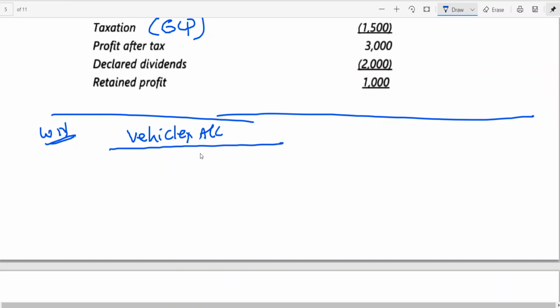In the vehicle account, the balance brought down was given in the problem. Vehicle balance, how much was given? 8,000, opening. Closing has been given as 12,500.